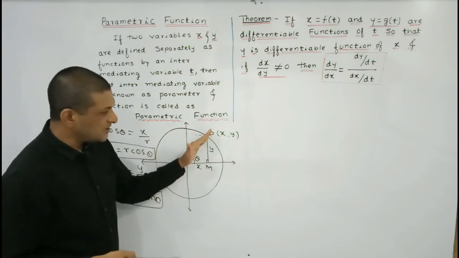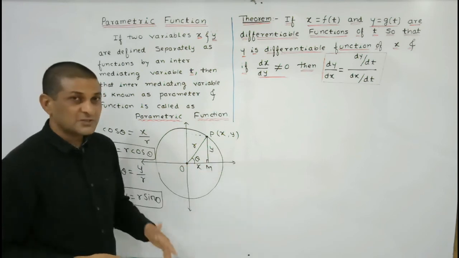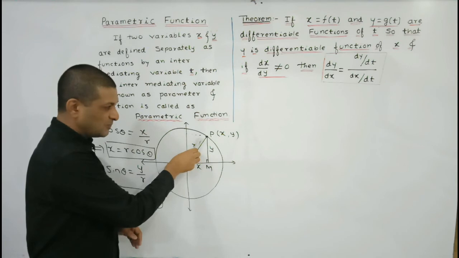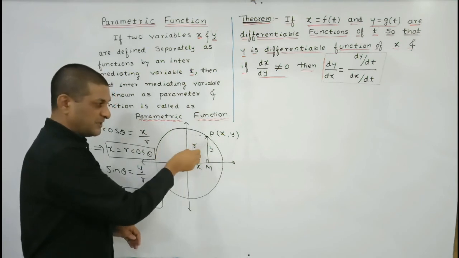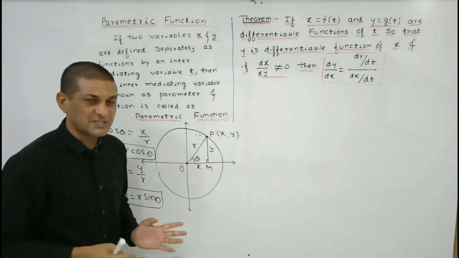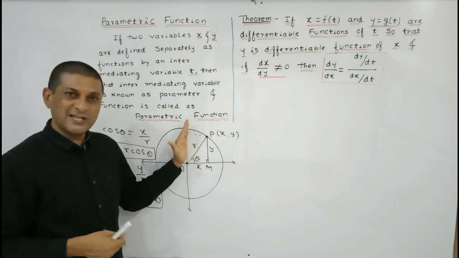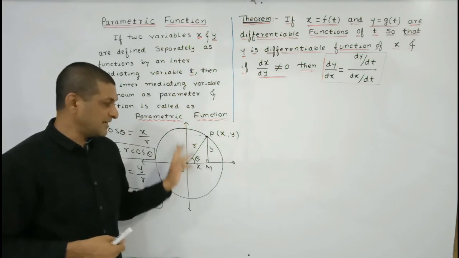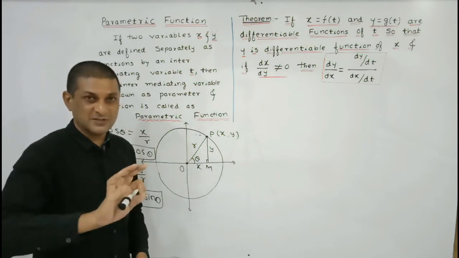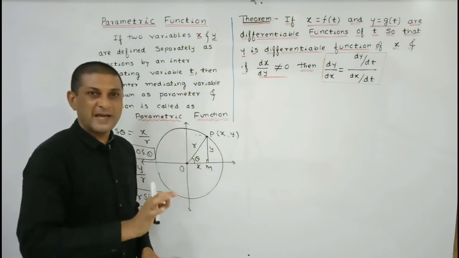Let us now think about theta. As the position of point P changes, the angle made by OP with the positive direction of x-axis also changes. As the position of OP changes, means if the position of point P changes, at that time this angle also changes. If this angle theta changes, we can say that theta is a variable. As the position of point P changes on the circle, the angle made by OP with the positive direction of x-axis also changes, and the value changes means value varies, means theta varies.